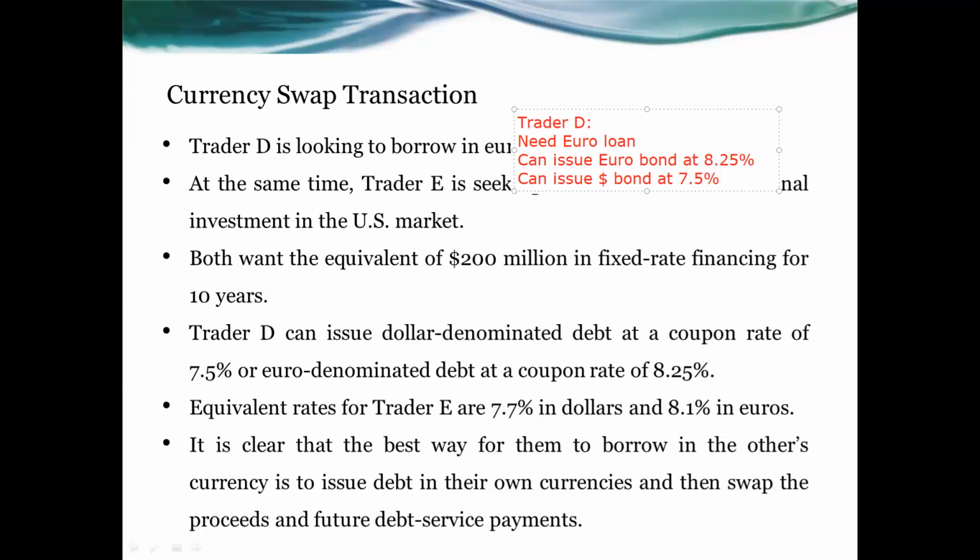Now what you can see is, his actual requirement is euro, but if he takes a euro loan, he has to pay 8.25% interest rate compared to the dollar denominated bond issue.